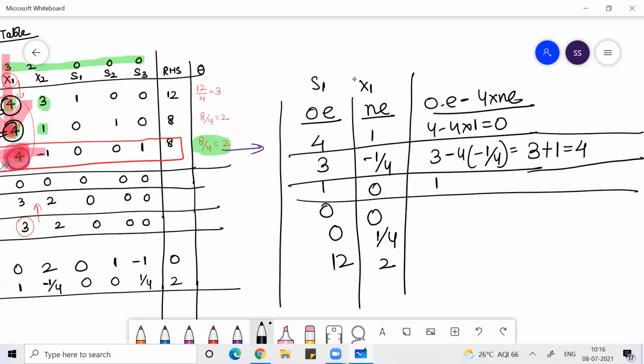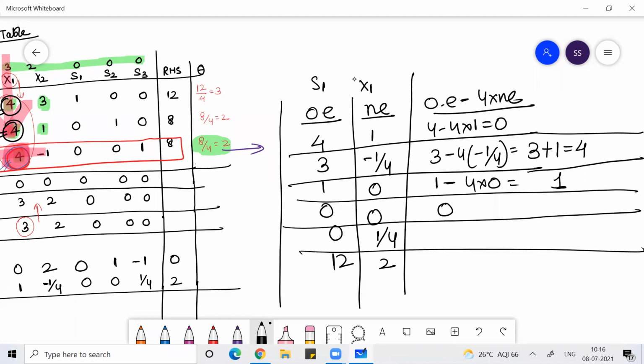This is equal to 1, 4 into 0, that is equal to 1. Then this is 0. 0 minus 4 into 1 by 4 is minus 1. Then 12 minus 4 into 2, that is 4.